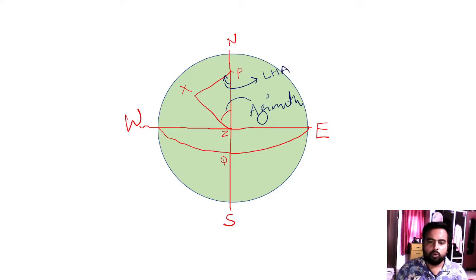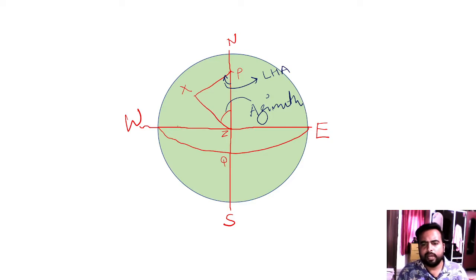Generally in a question they can give your own latitude. They can give this azimuth angle, or they can say that the body is on the prime vertical, like over here. They can give anything, so you need to calculate the other things.